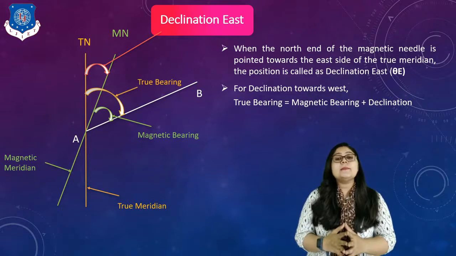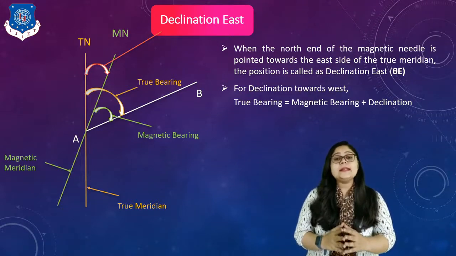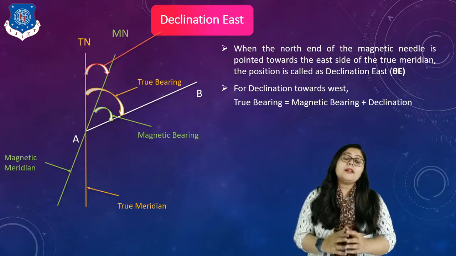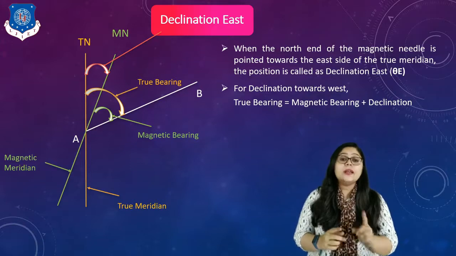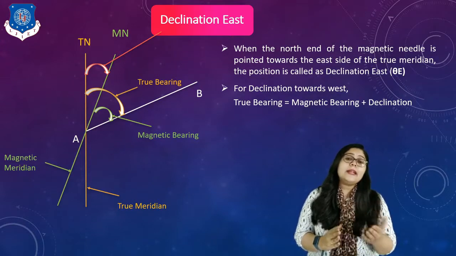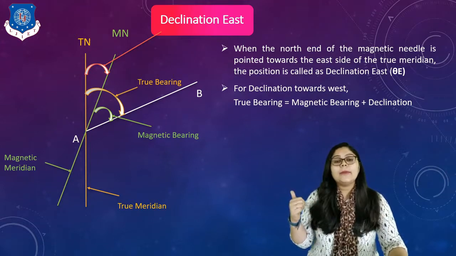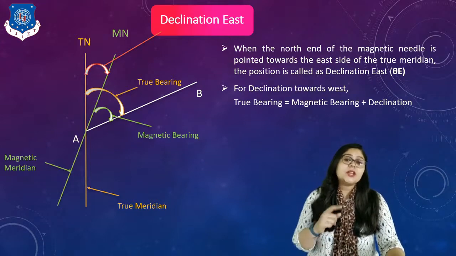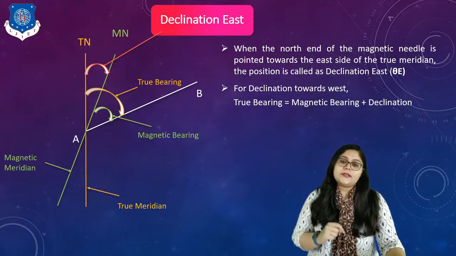So in simple words, true bearing of line is equal to magnetic bearing plus declination, right? Here, whenever declination east is there, I have to simply add it to my magnetic bearing, right? So this is the concept for declination east.